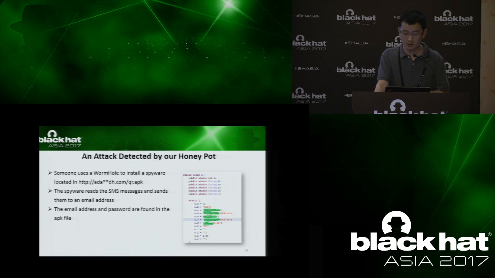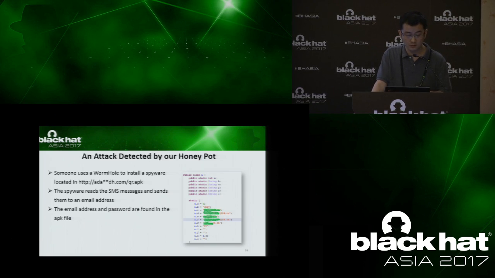Finally, let me show you another attack detected by our honeypot. Our logs show that someone used a wormhole to install a spyware located in this website. So we download it and restore it.